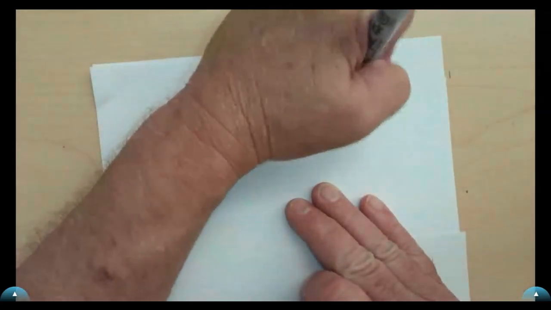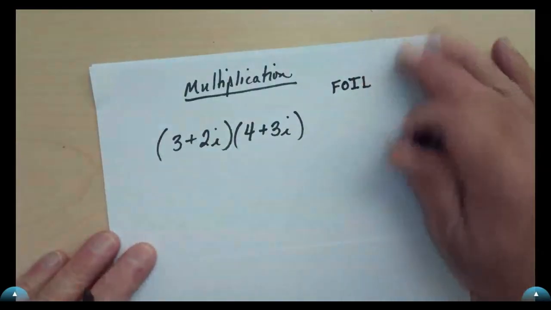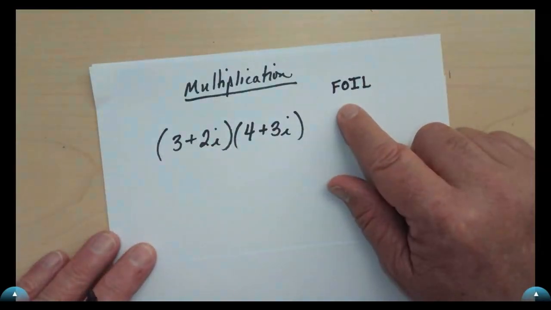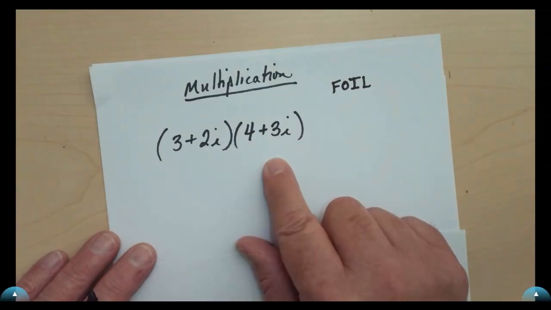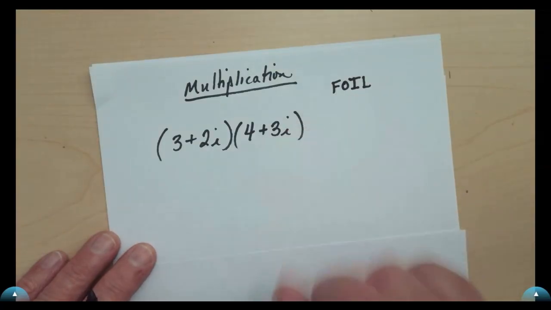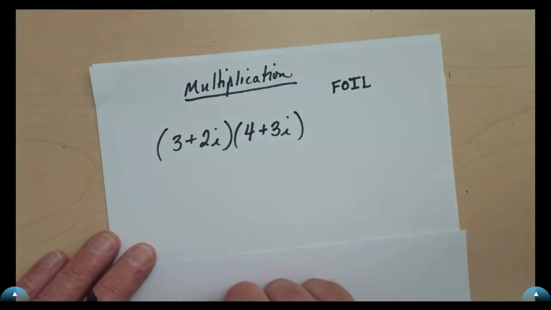I'm going to call this FOIL. Some of you know FOIL. Some of you probably don't. You don't particularly need FOIL. What you need to know is what distributing means. But FOIL is one specific example of distributing.